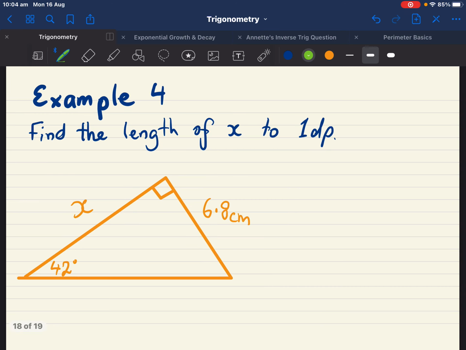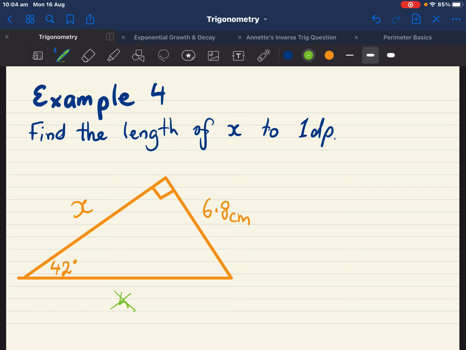All right, example number 4 and our final example for this lesson. We're getting near the end. We've seen sine twice. We've seen a cos. You can probably guess which one this one's going to be, but let's pretend we don't know. First step, label the sides. The blank side is actually our hypotenuse. We don't care about the blank side. We've got the other two sides that are of interest to us.